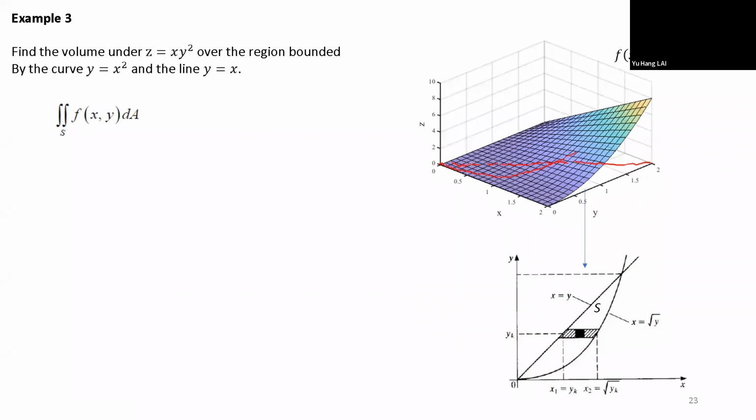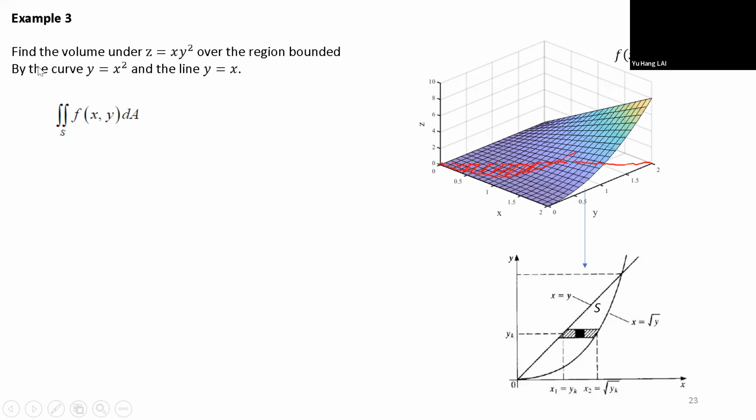I want to take this region. So right here is clear enough, right? You can see the two intersection points between the parabola and this y equals x straight line.